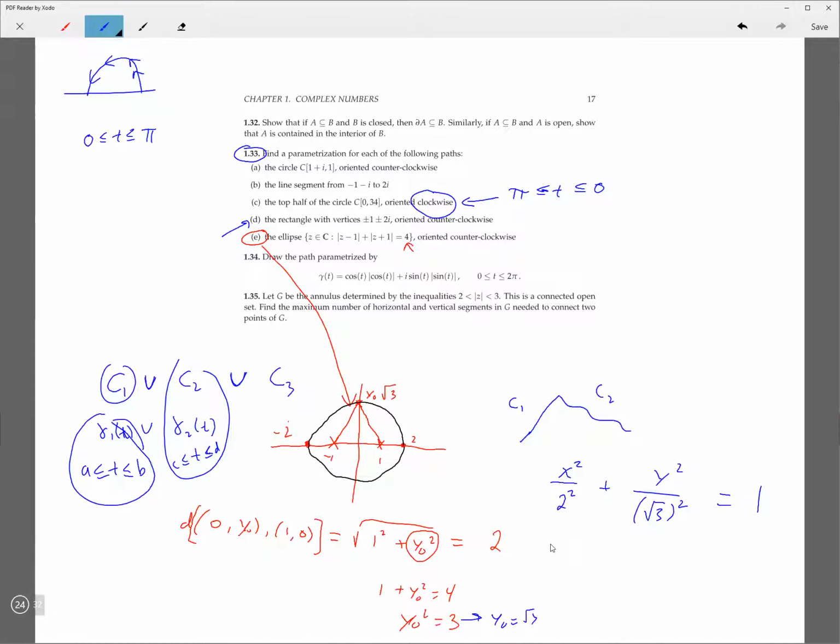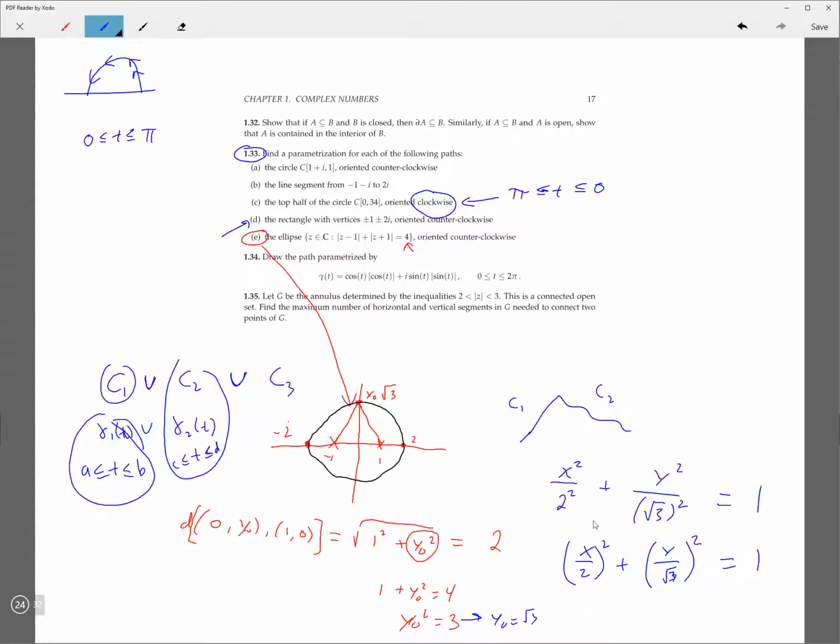Okay, so now what we do here is similar to what we did with the circle. Basically, if you look at it this way, you have (x over 2) squared plus (y over root 3) squared equals 1.